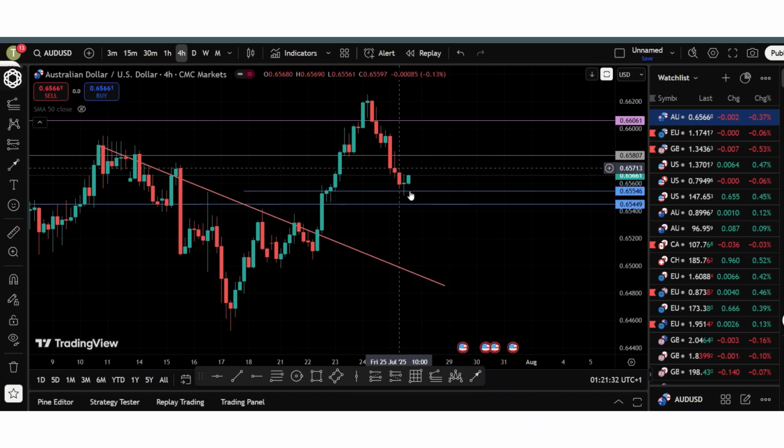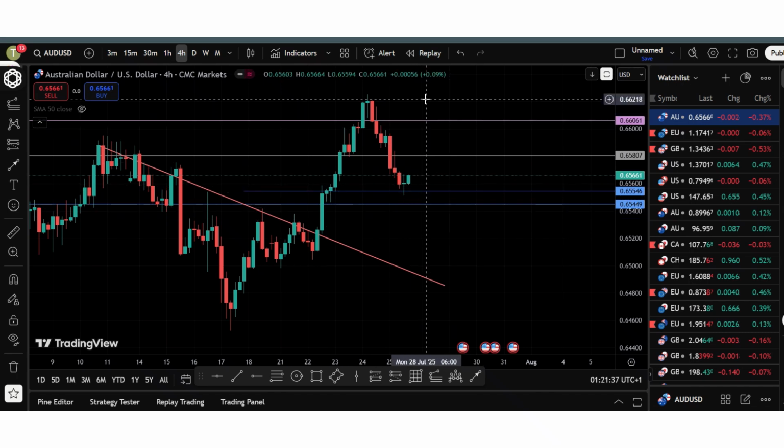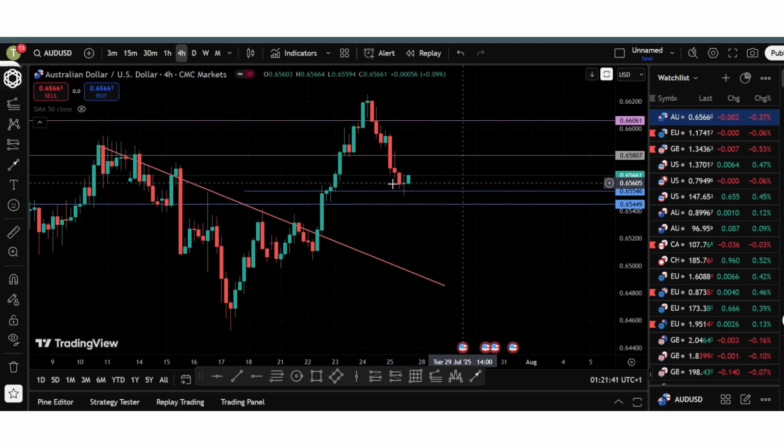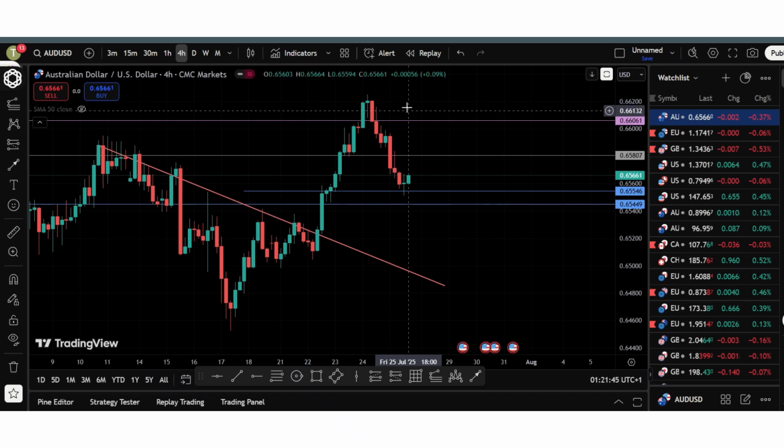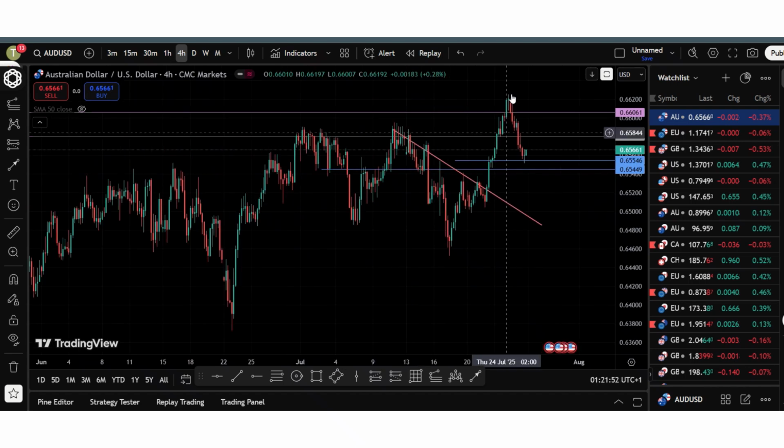If you risk 1% on this trade, while reaching over here you can make up to 2%, and then you can make another 4%. This trade can give you the biggest money.